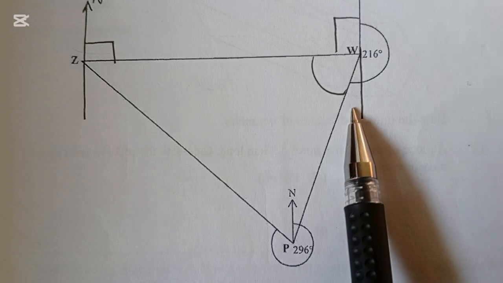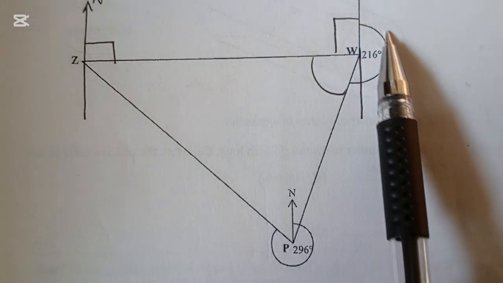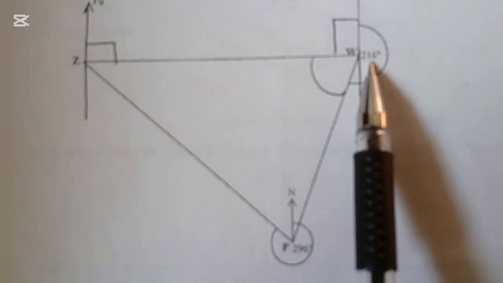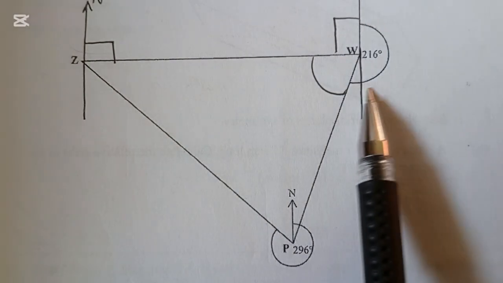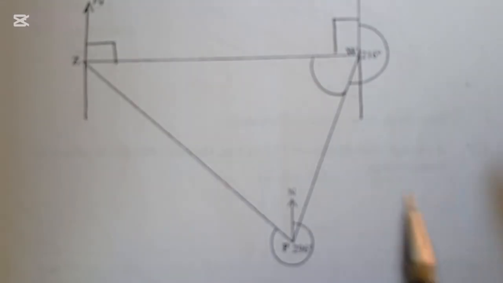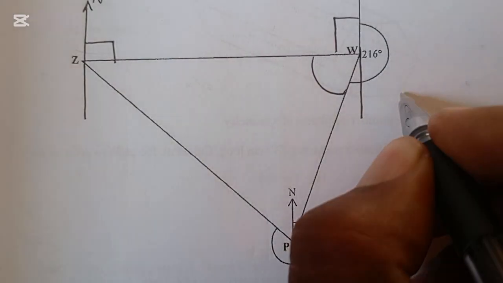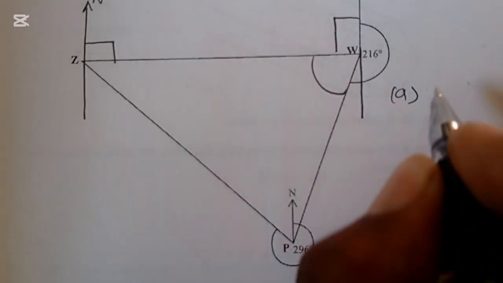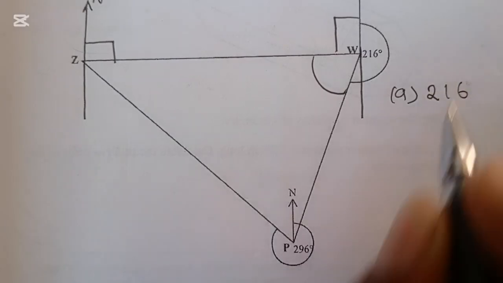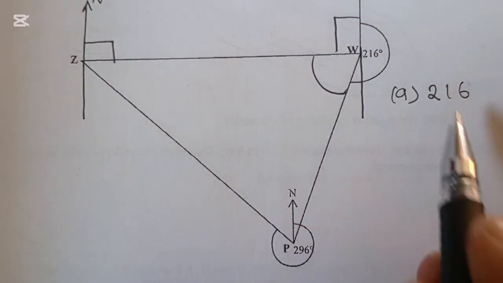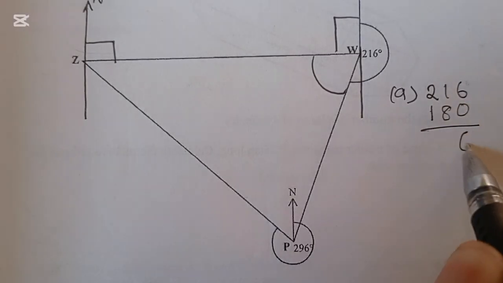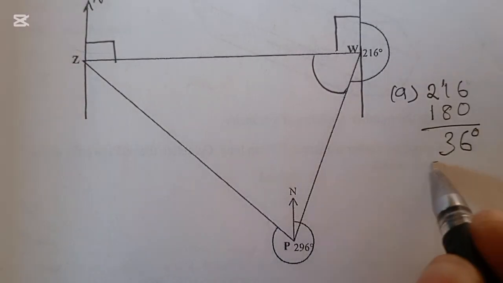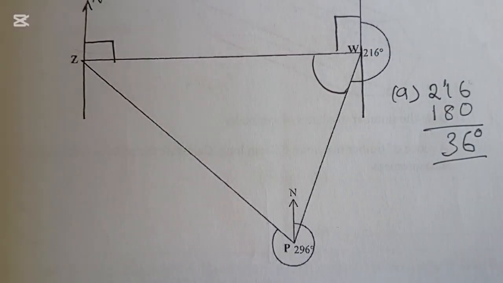Remember that from here to there it is 216 degrees, and a straight line adds up to 180. So from 216, I'll subtract 180, which is a straight line. So 216 minus 180 is 36 degrees.